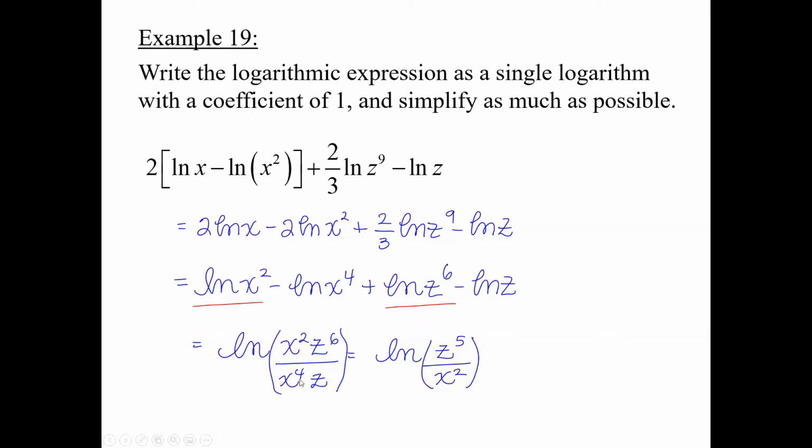Now, we can do some canceling. Z goes into z to the 6th, z to the 5th times. X squared over x to the 4th becomes 1 over x squared, because these two cancel out 2 of those. So this becomes our final solution in this problem.